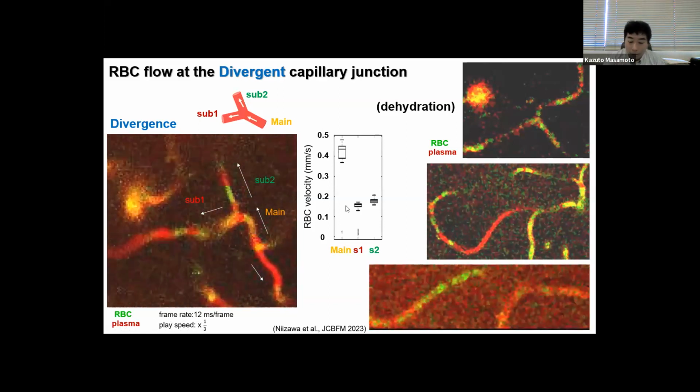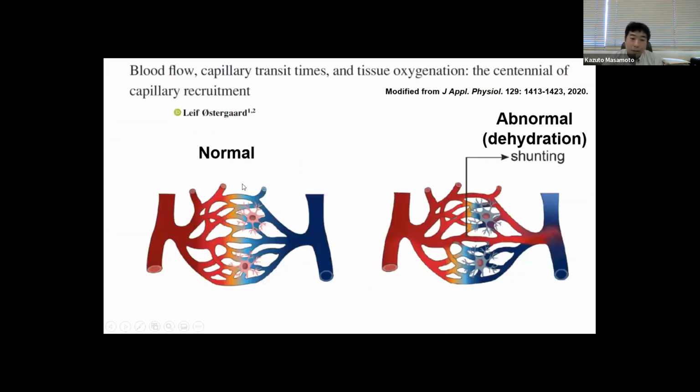So, summary here: it is important how the individual cells are packed across the networks, because this increases the resistance and causes the balance of capillary flow. Once the balance is broken, for example by dehydration, it makes some route a shunt, which causes other areas to have few blood cells.